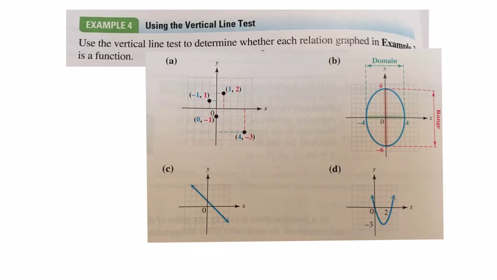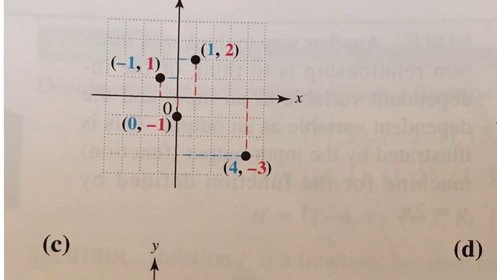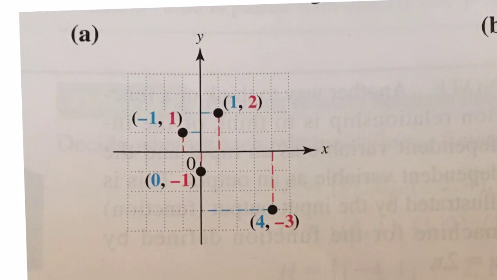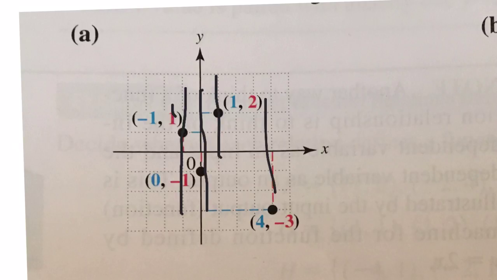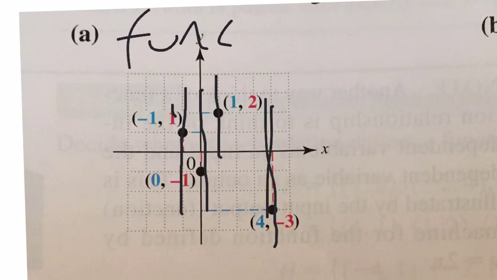Alright, here are the 4 graphs. So like in part A, you notice, let me enlarge this, you can draw a vertical line through each of the 4 points on the graph, and it never crosses another point on the graph. So part A would be a function by the vertical line test.